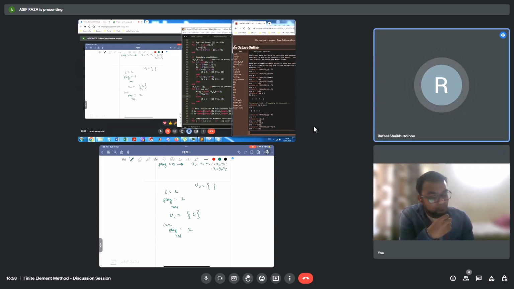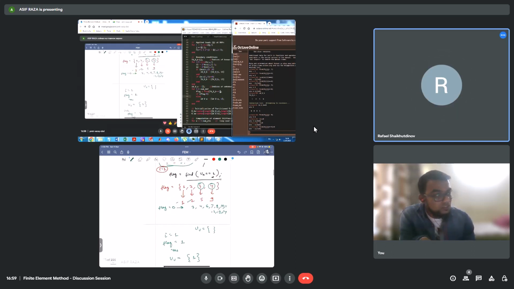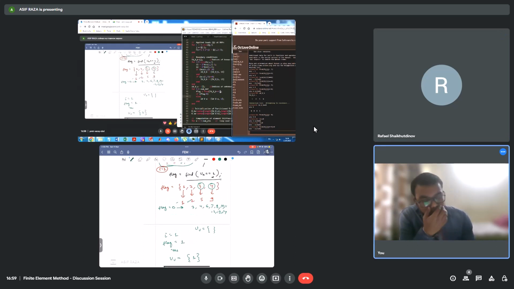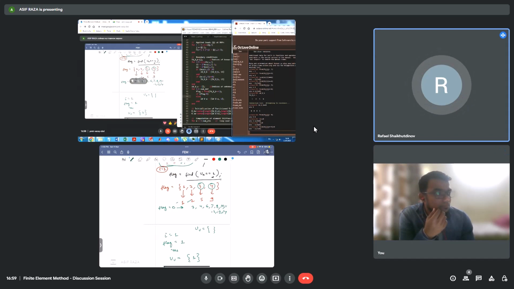Why? Sorry. 1 is there, 1259 it was there, no? See, 1259. One is there. So flag is greater than zero, so it does not add anything here.